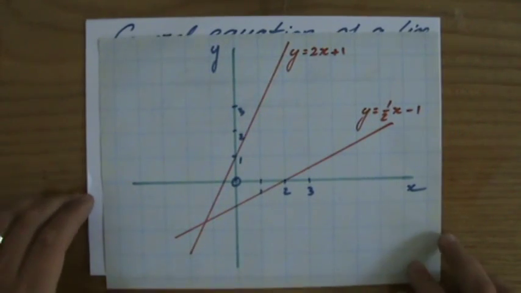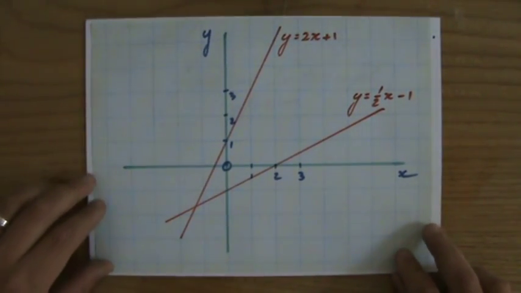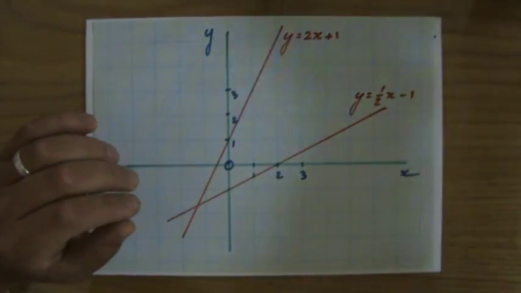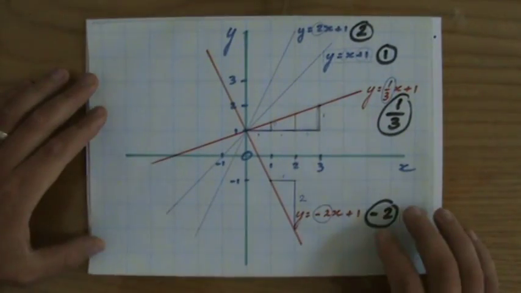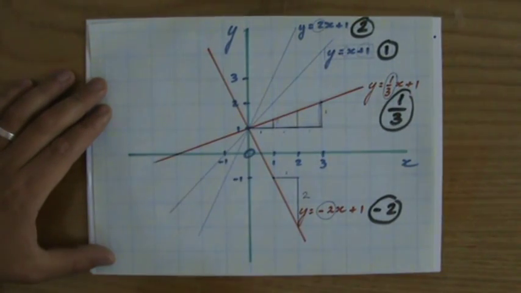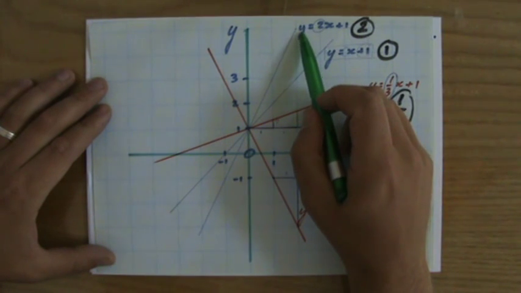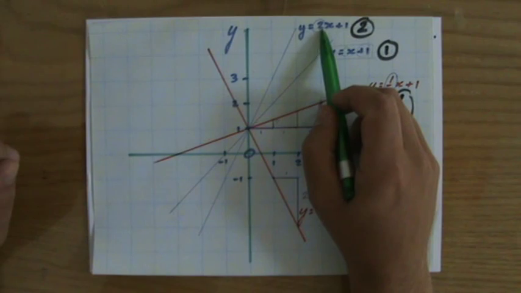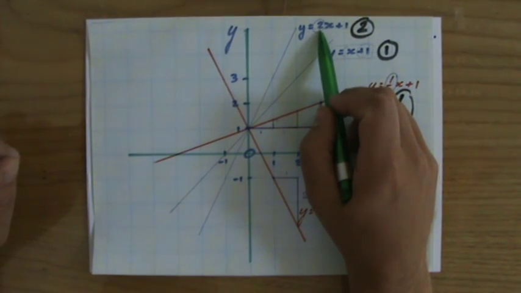Now I am first of all revising some knowledge, because I'm just taking a sheet which I've used in one of my previous videos where we have a few lines. It's a bit messy now, but we discovered that for y equals 2x plus 1, the gradient of that line was the coefficient of x, 2.